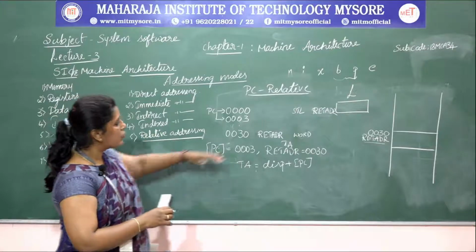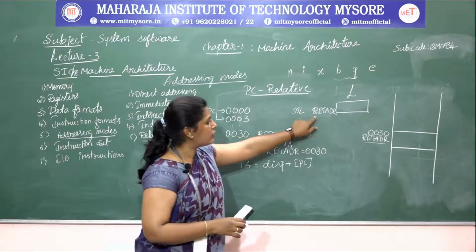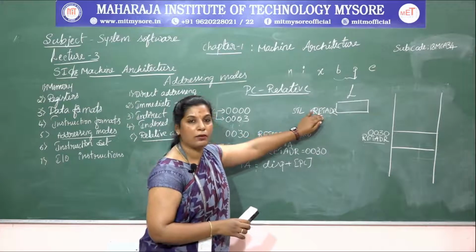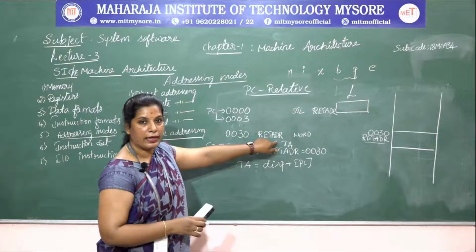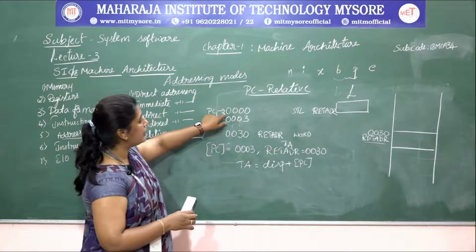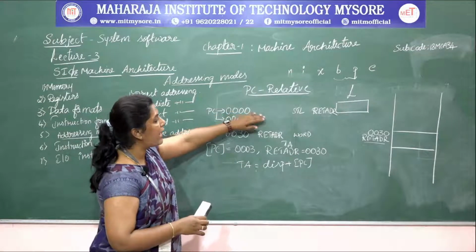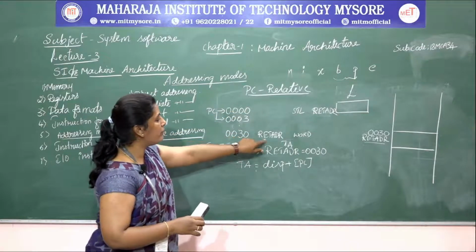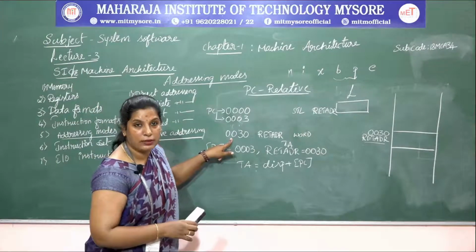This is the instruction to be executed. For executing this instruction, from where does it have to fetch the memory value? The instruction to be executed is at the memory location 0000, and it is referring to the memory location 0030.